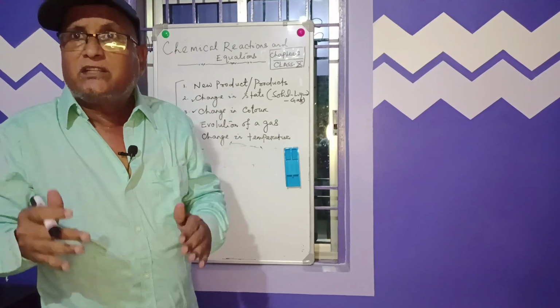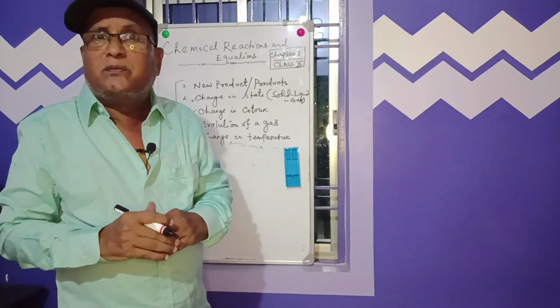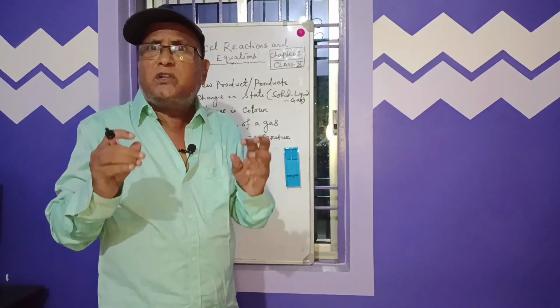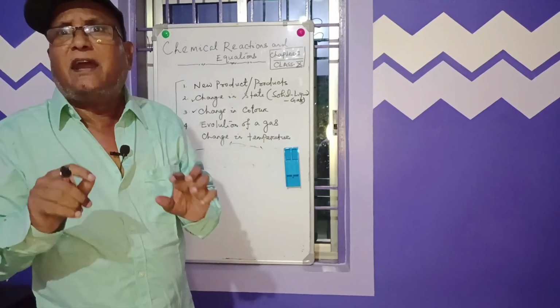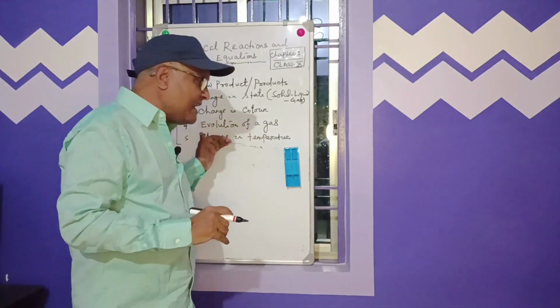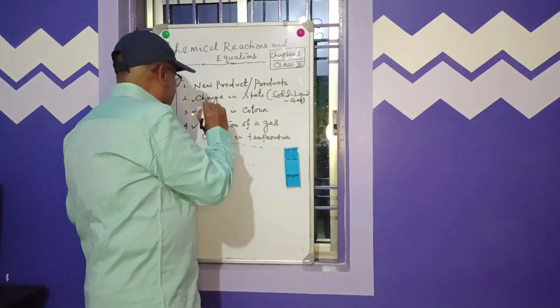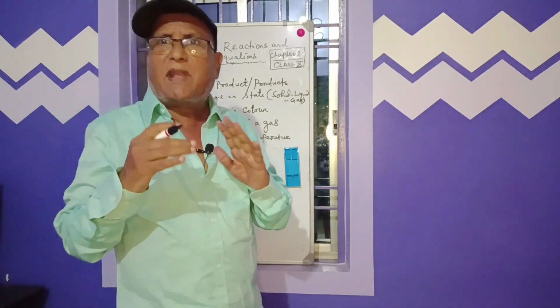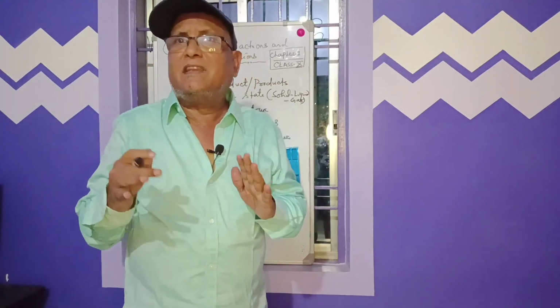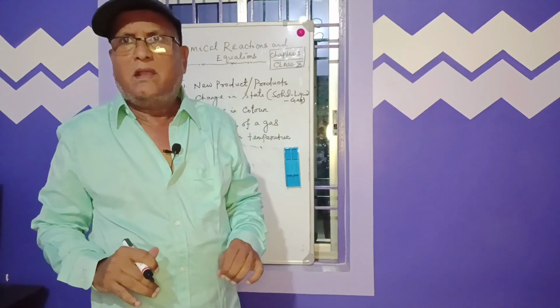So why does it happen so? What is the reason? The bubbles contain a gas, that is hydrogen gas. So in this reaction, hydrogen gas is evolved. So evolution of gas takes place in a chemical reaction.